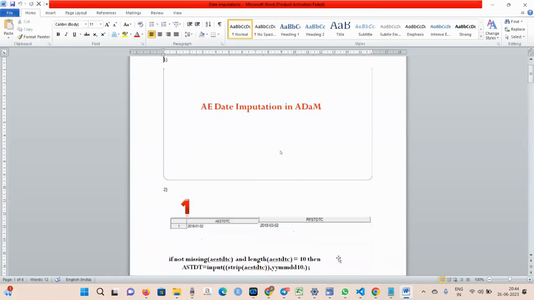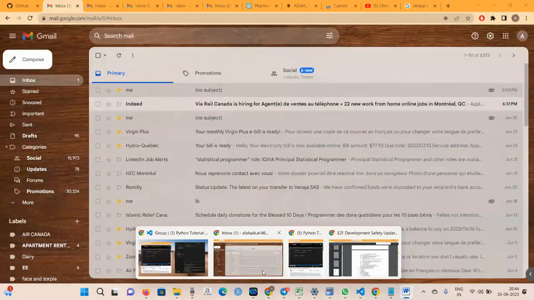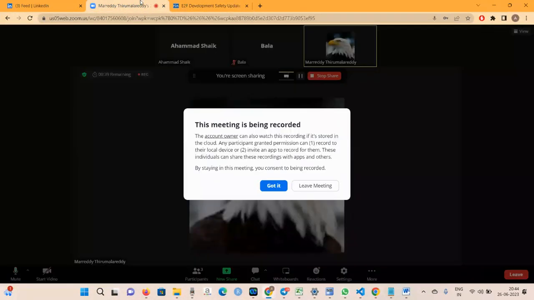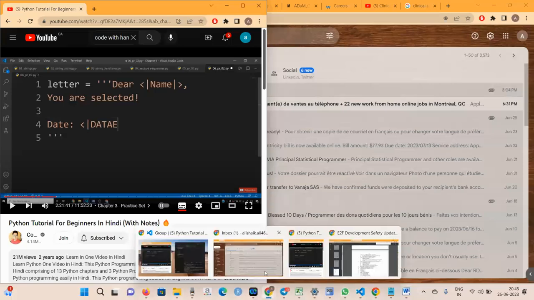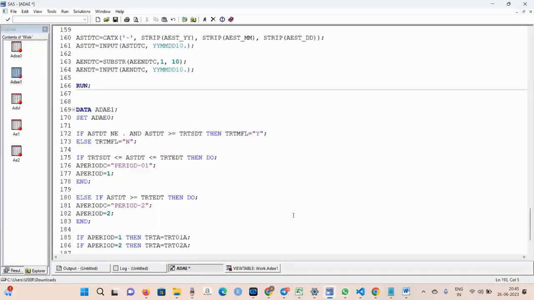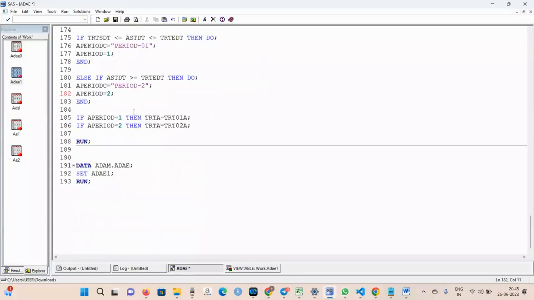This is general, not following the SOP, so we are not following the standard operating procedure. Okay, I'm going to check this part, because the data would be the same, but I'm not sure.